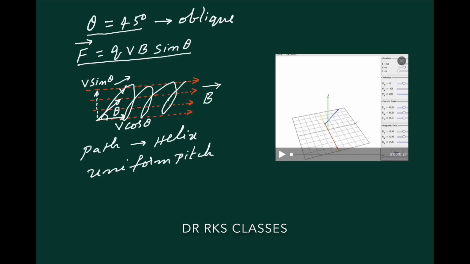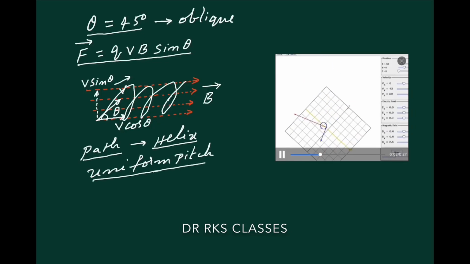So the path followed by the charged particle is a helix with uniform pitch, because of this v cos theta component. If the horizontal component is not there, it follows a circular path.